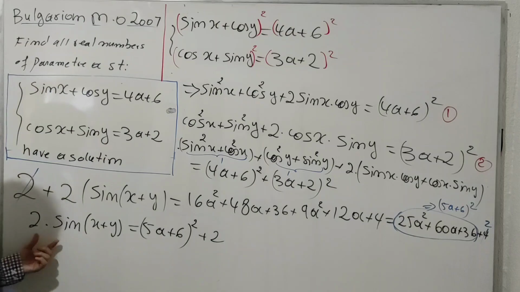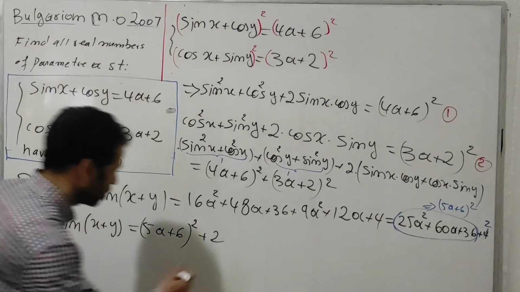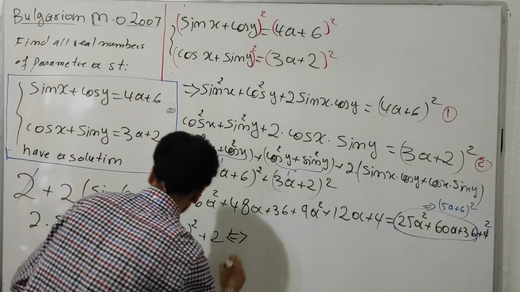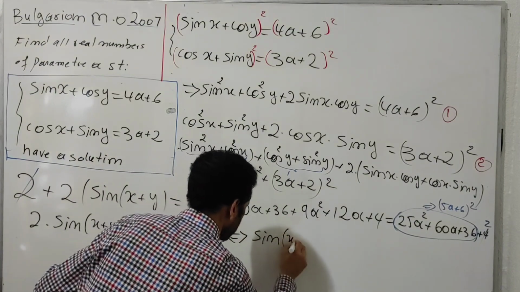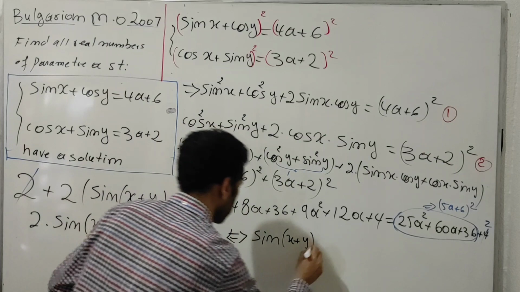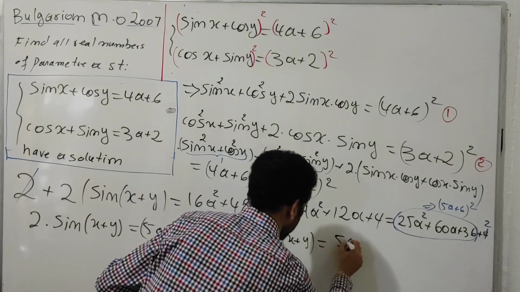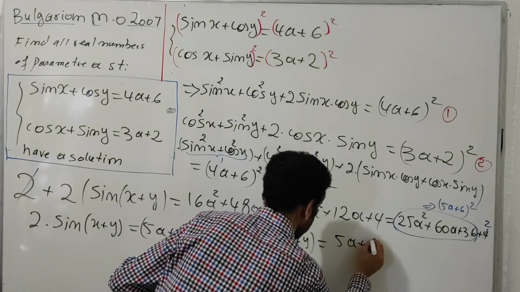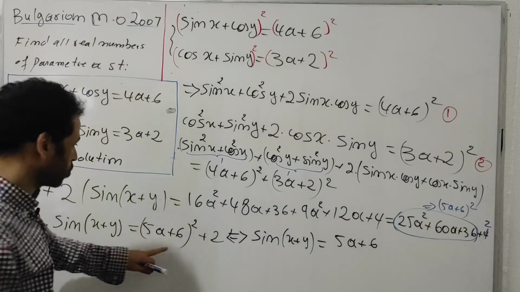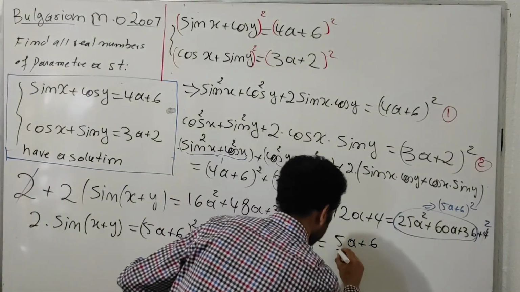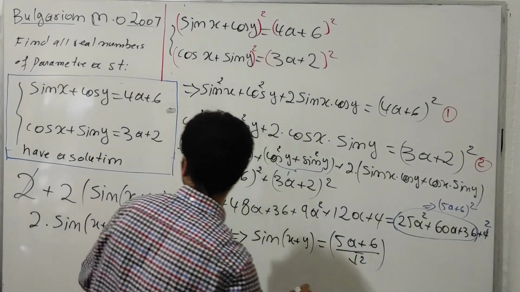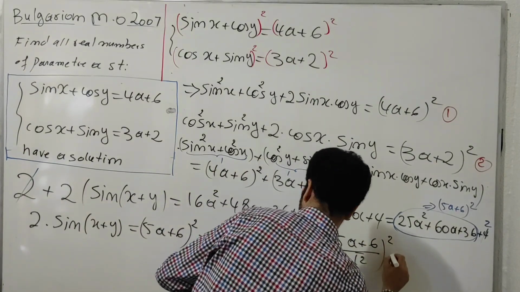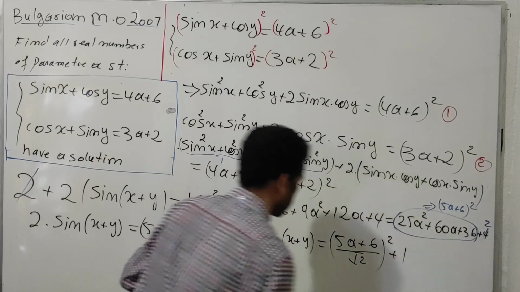Now I'm going to divide both sides by 2. So I will get here sine of x plus y equals 5a plus 6, and I'm going to take this 2 inside, so it becomes the square root of 2, squared, plus 1.